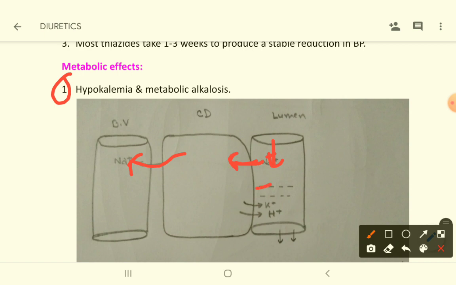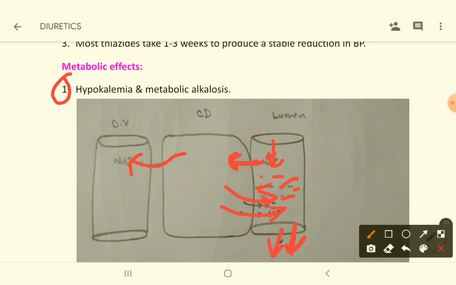As the sodium is positively charged, positively charged ions leave the lumen, so the lumen is now negatively charged. It has more negative charges. To compensate for that, more potassium, which is positively charged, and more protons, which are positively charged, come into the lumen and get excreted.